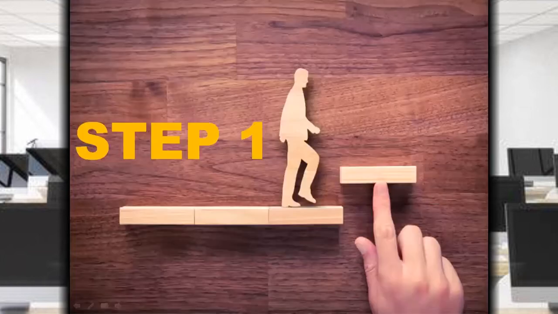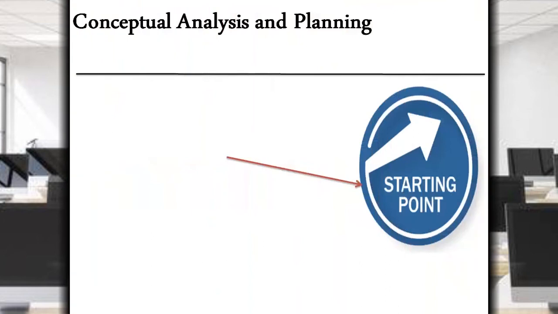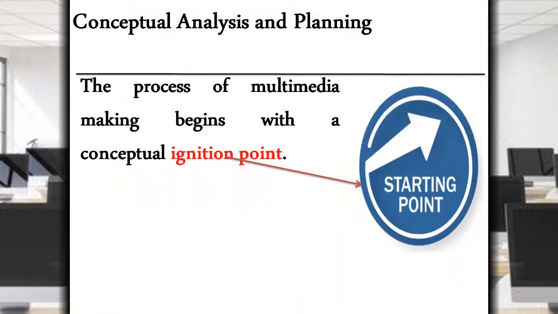First, we'll go to step number 1, conceptual analysis and planning. The process of multimedia begins with the conceptual ignition point. Ignition point is nothing but the starting point of the multimedia project. It's called the ignition point.